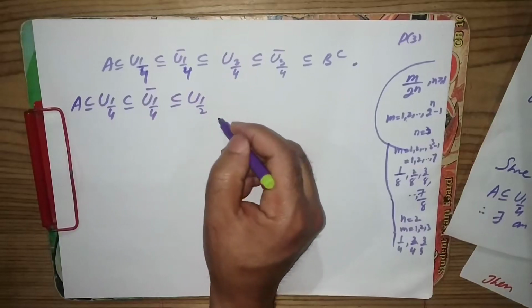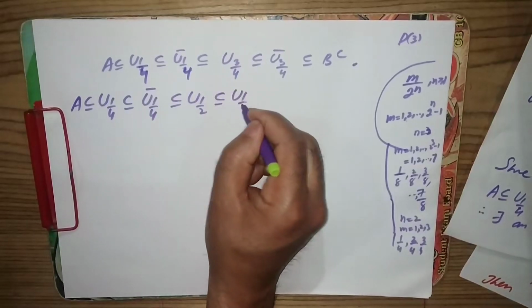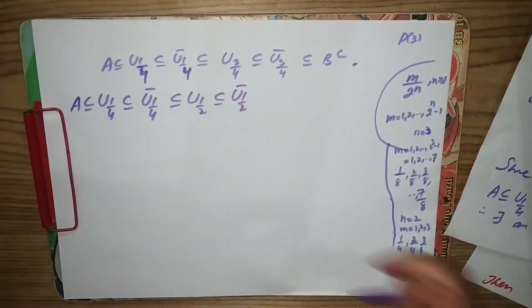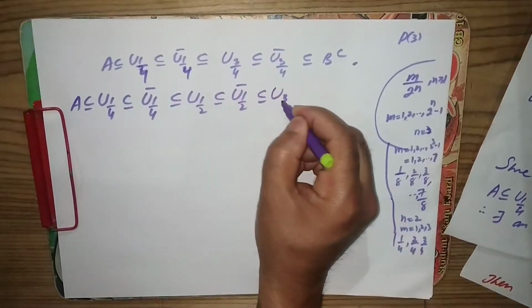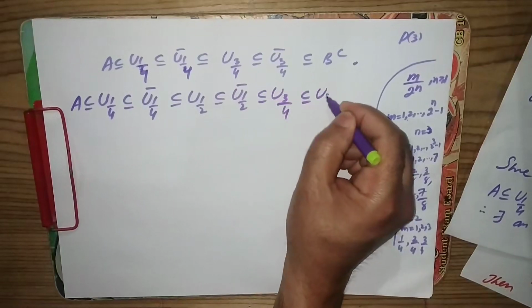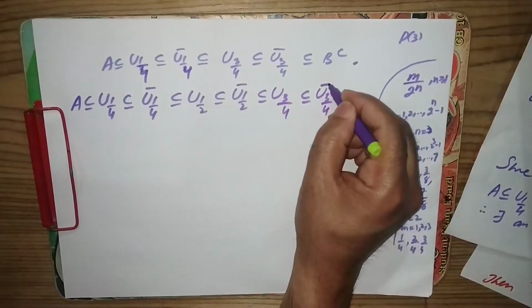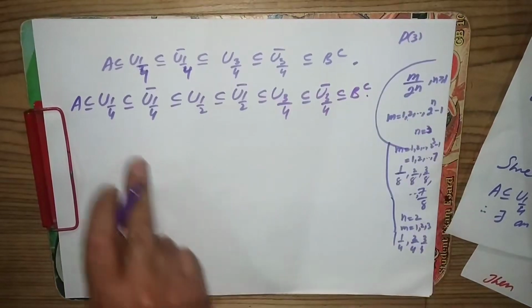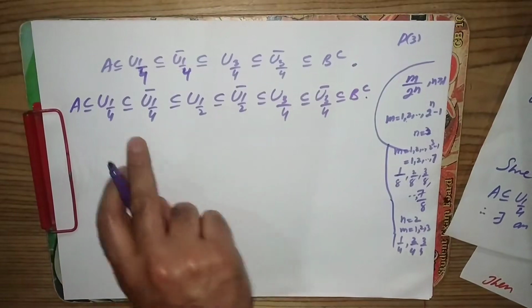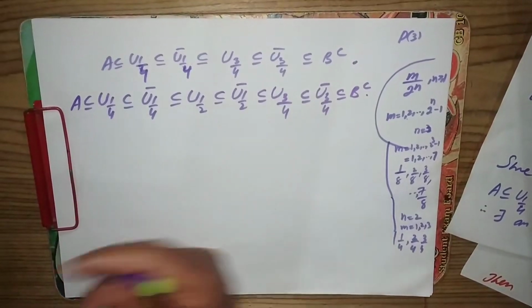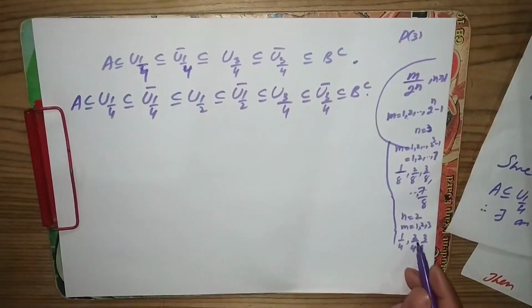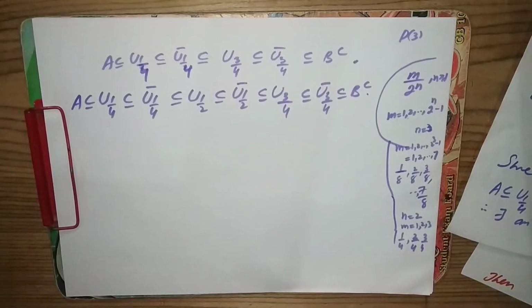U1/2 is a subset of the closure of U1/2, and the closure of U1/2 is a subset of U3/4, which is a subset of the closure of U3/4, that is a subset of B complement. So these are the dyadic rational numbers 1 by 4, then 2 by 4 equal to 1 by 2, then 3 by 4.